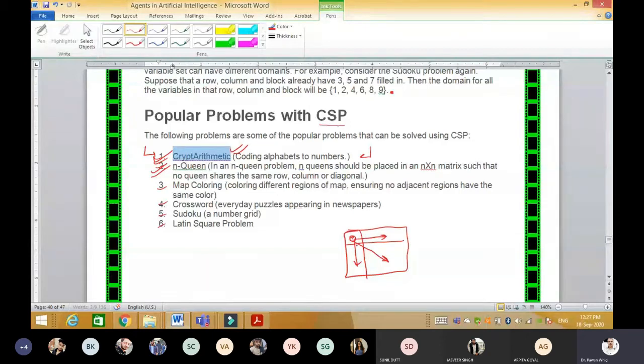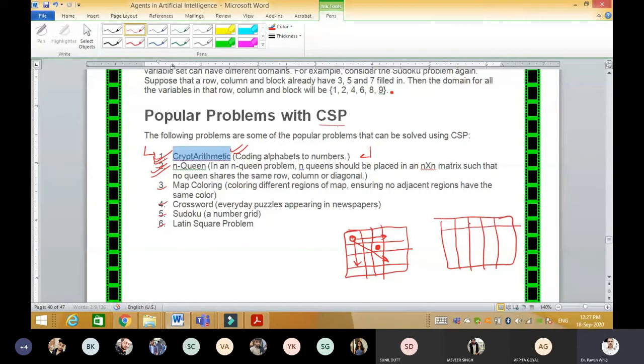Otherwise, they will cut each other. So if I put one queen here, and this is a chessboard, next you have to place the queen where it will not get cut by the other. Similarly, on a chessboard of 8 by 8, there are 64 total blocks.